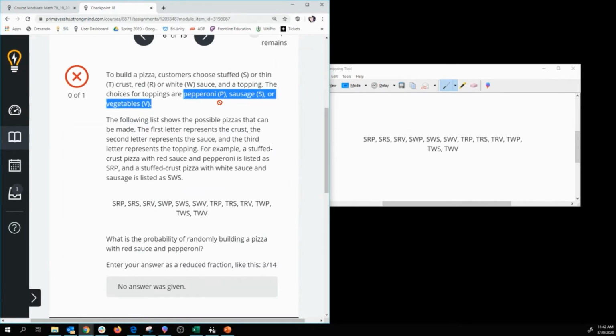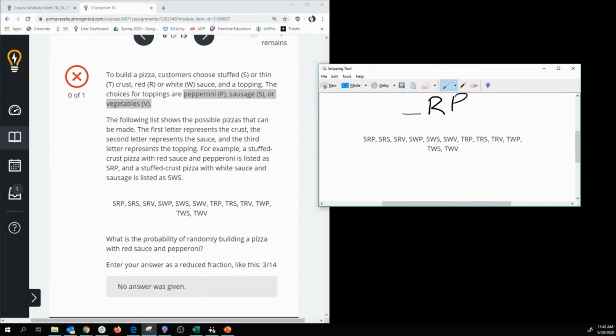Okay, so I'm looking for red sauce and pepperoni, which means my first letter can really be whatever. It doesn't matter what my first letter is. I can either have a stuffed crust or a thin crust, because the only thing I'm looking for is red sauce in the middle for an R and then a P at the end for pepperoni.